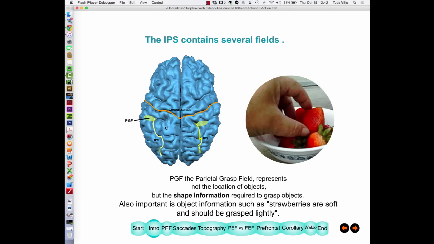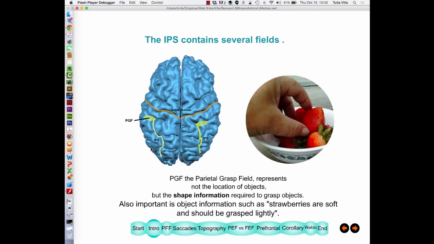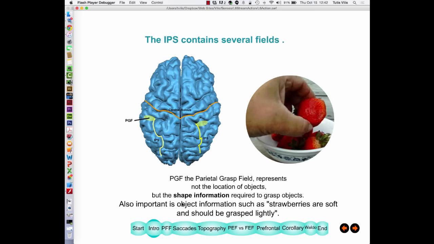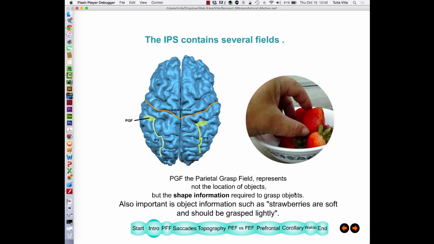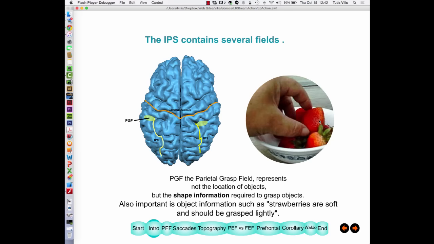Another field up here, which sounds similar to the parietal arm field, is called the parietal grasp field. It's not where objects are, but shape information that helps us grasp them. For example, when I grasp this strawberry, I can see that it's round.